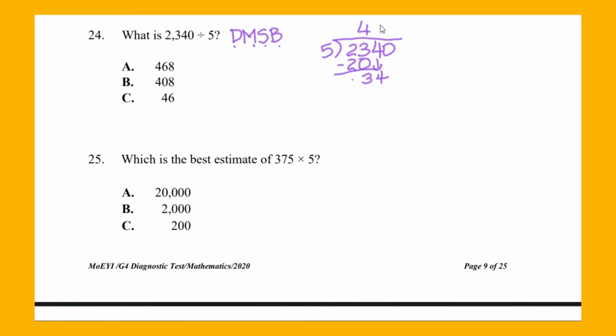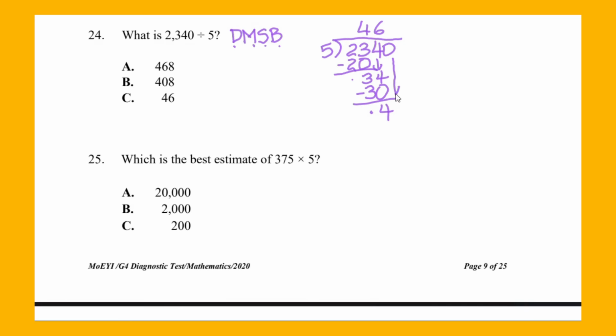5 into 34 goes 6 times. 6 times 5 is 30. And then we're going to subtract again. 0 from 4 is 4. And 3 from 3 is nothing.